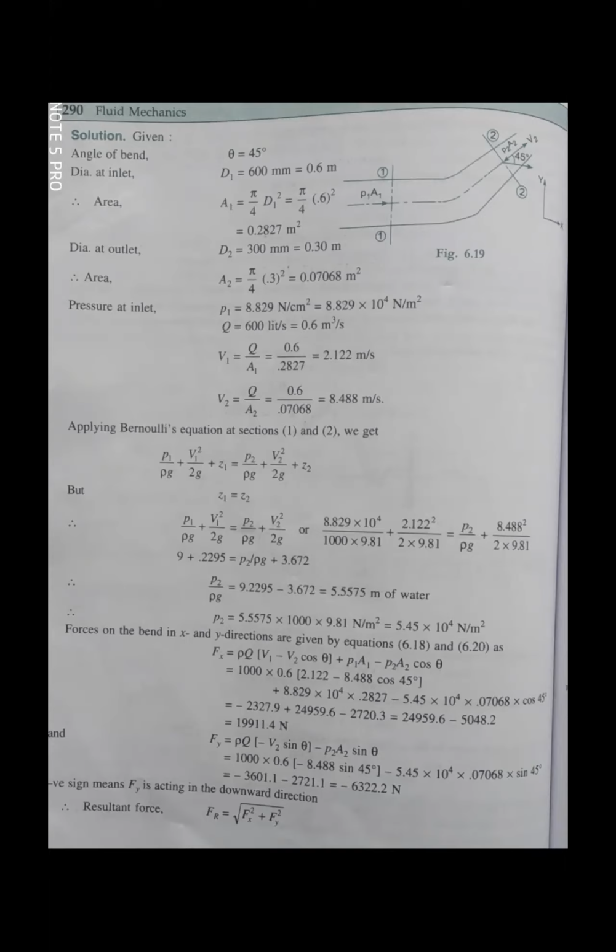Why is it written so? This is used for every problem of a bent pipe. What is the reason?